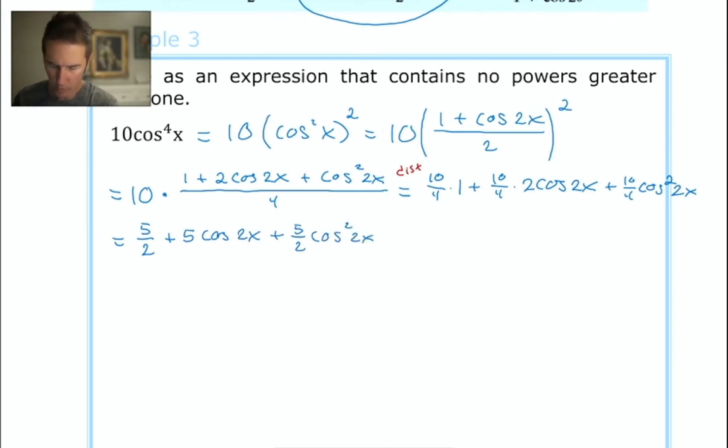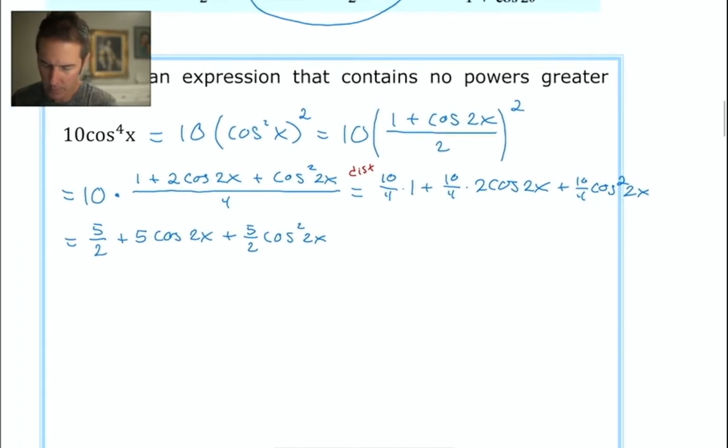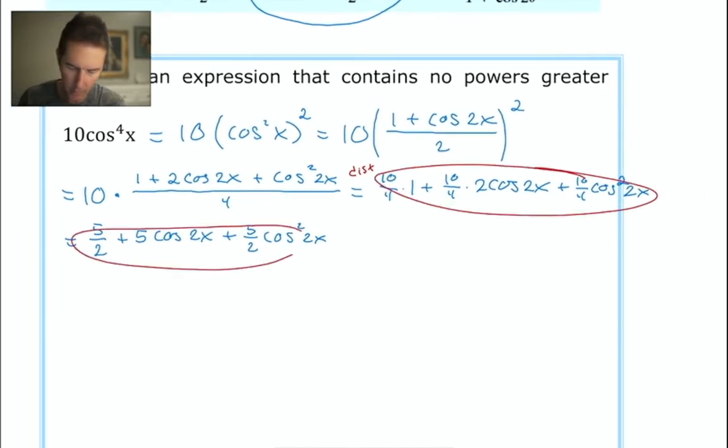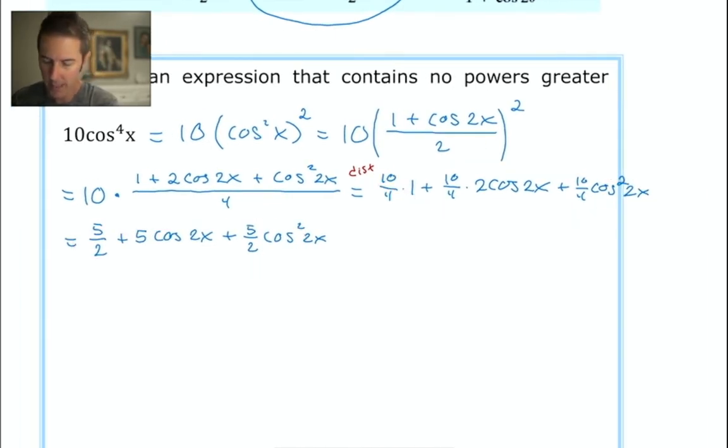If you want to write yourself a little note, the only thing we did in order to go from here down to here is we simplified or reduced. Let's try to not do too many things in one step, otherwise you read through this process later and it's even more confusing than it has to be.